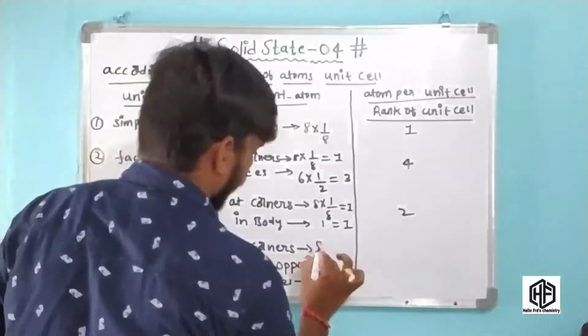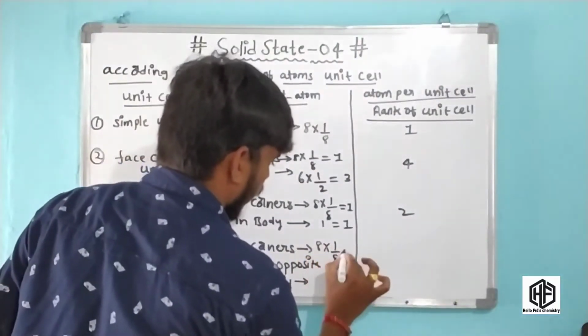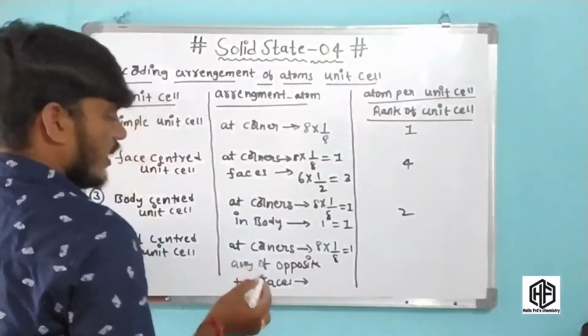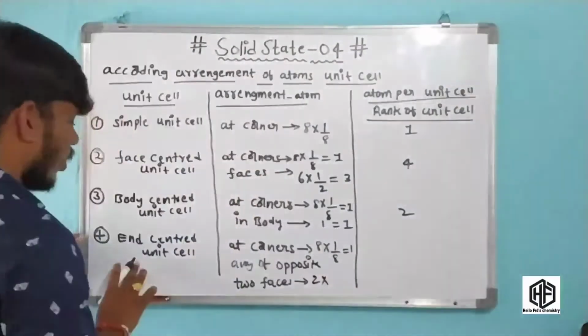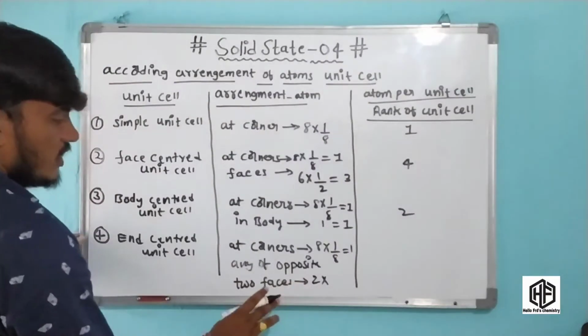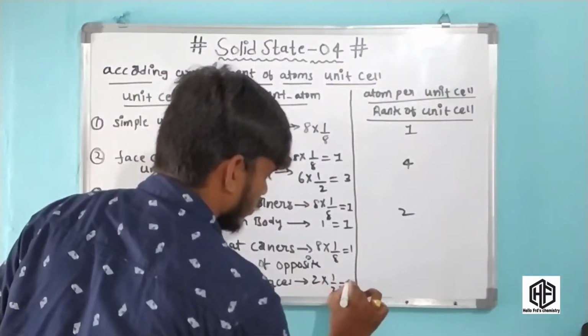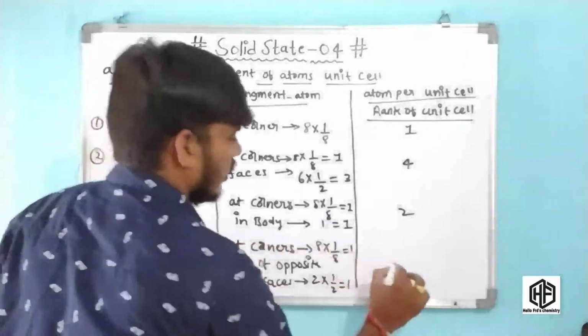At corners there are 8, contribution 8 times 1/8 is equal to 1, and at any two opposite faces there are 2 atoms, each contributing 1/2, finally this is 1. Finally the rank of unit cell is 2.